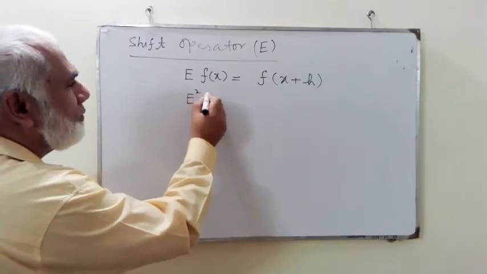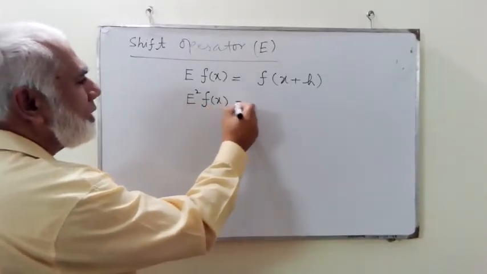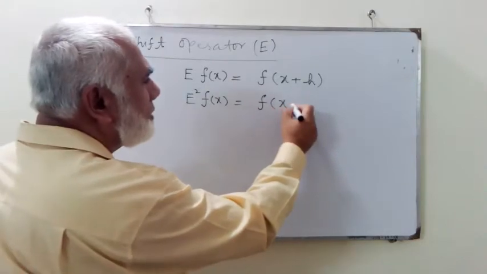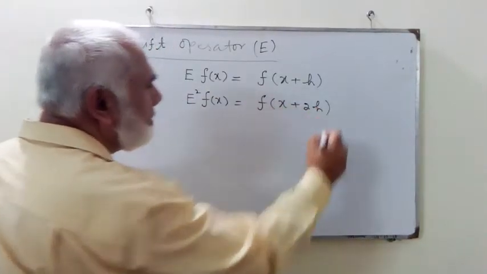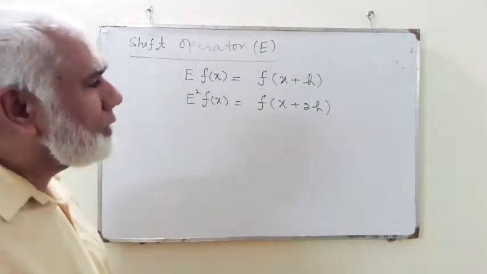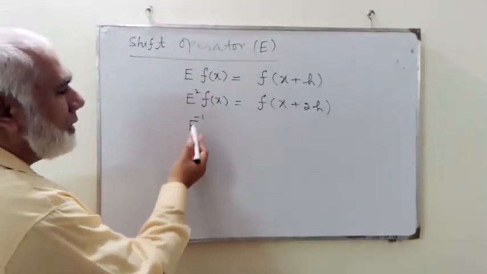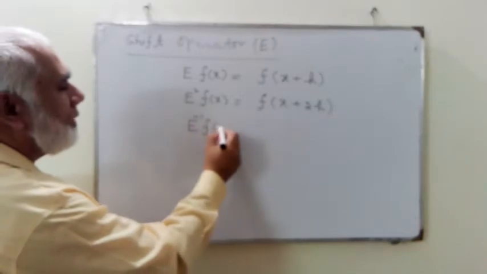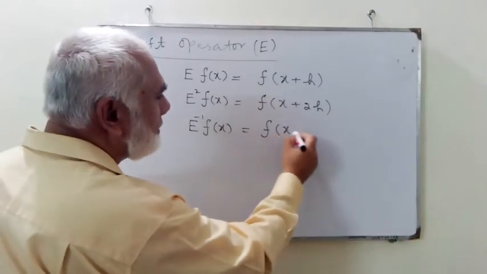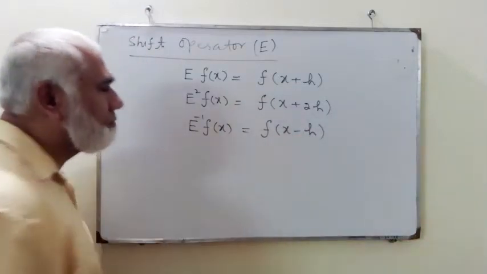Similarly, if I apply it once again over the same function, it will take the function to the second level, which can be shown by f(x plus 2h). On the same pattern, if I give a negative application of the shift operator, the function will be shifted back one unit.